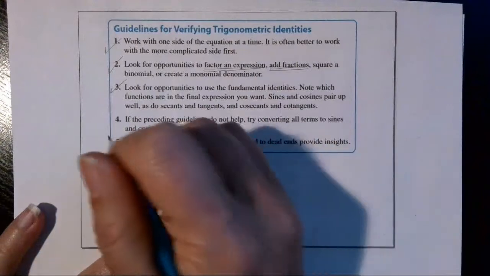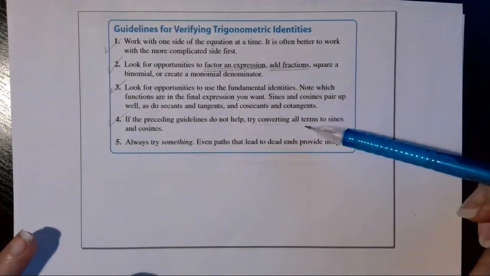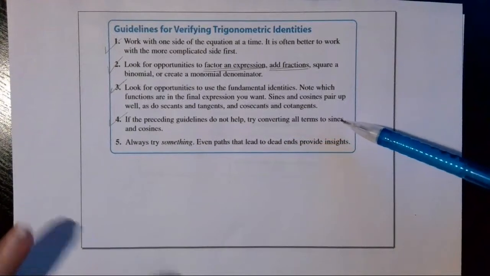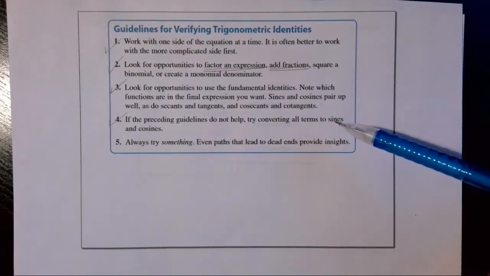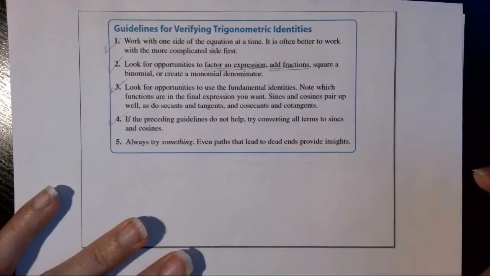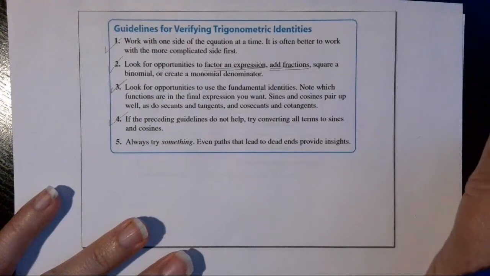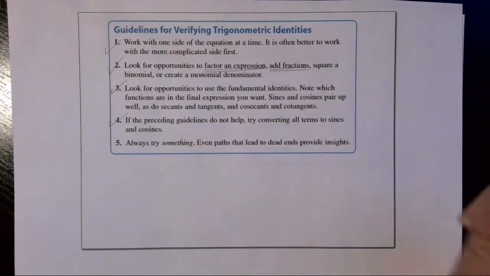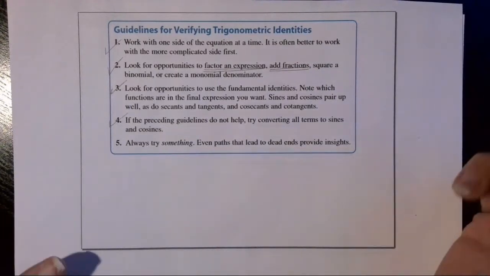Step number four, if these preceding guidelines, steps 1 through 3, aren't helping, try converting everything to sines and cosines. If you have anything that's a secant or a cosecant, use a reciprocal and change it to a sine or cosine. If you have a tangent or a cotangent, use a quotient identity to change it to sines and cosines and work with it in that form.